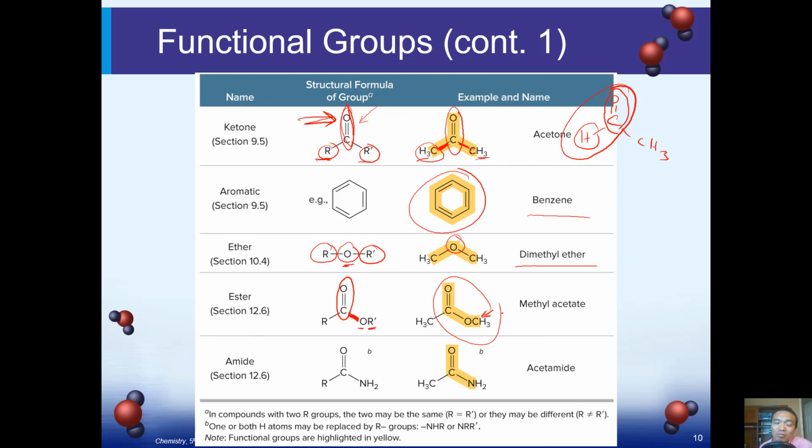Remember, if that CH3 group is replaced with hydrogen, that functional group will not be ester, rather it will be carboxylic acid. Okay, this is quite complicated, I know. Please spend some time and study the differences between the functional groups.